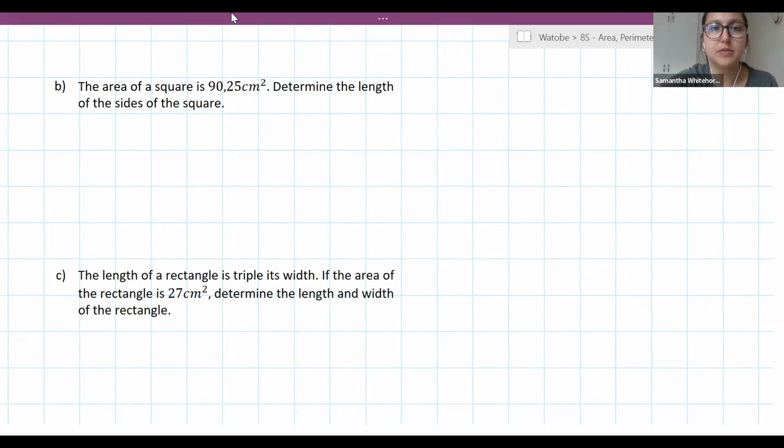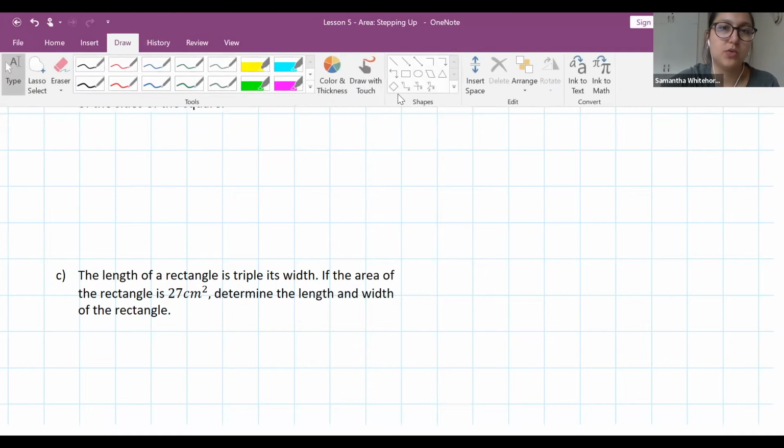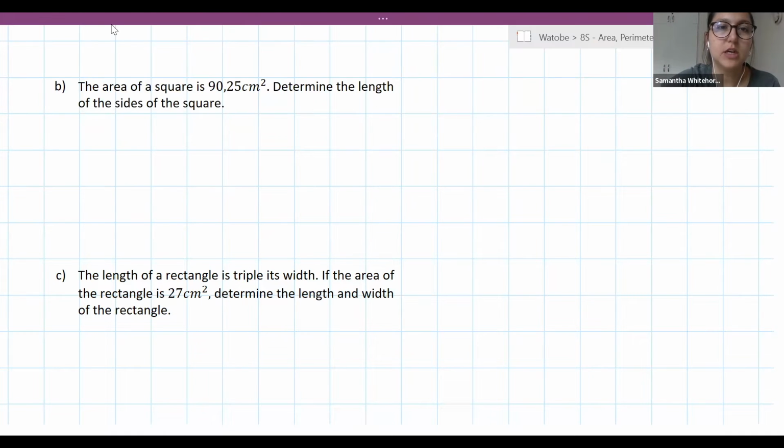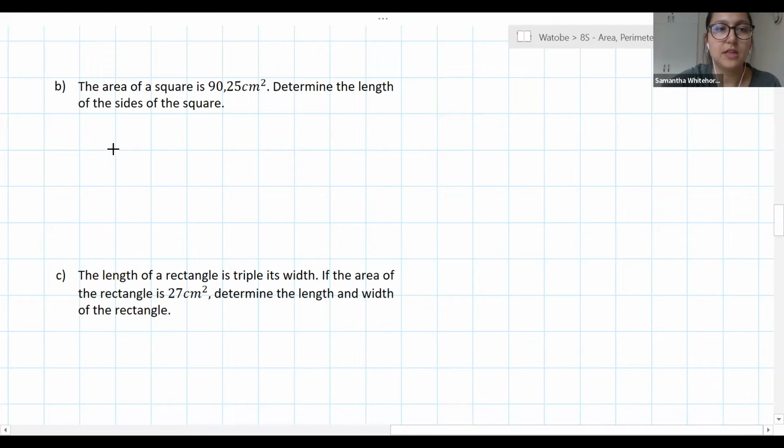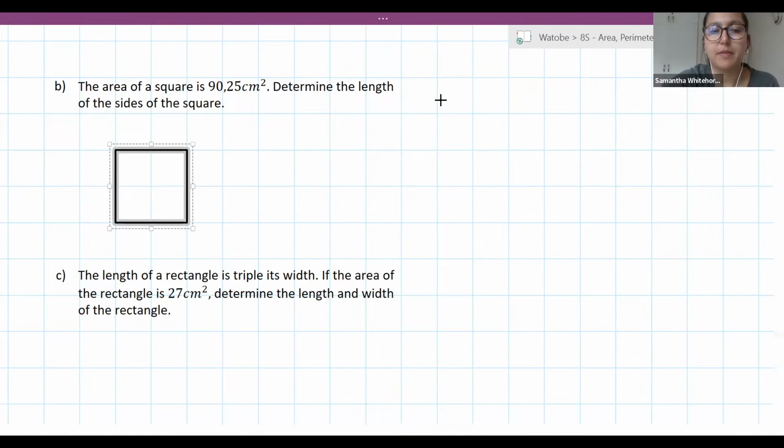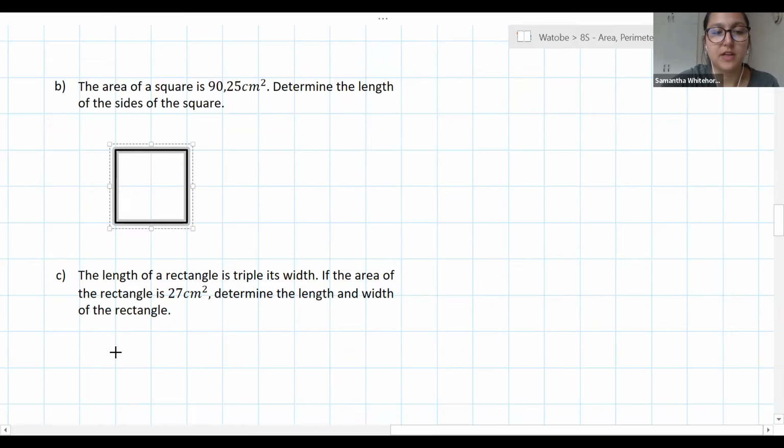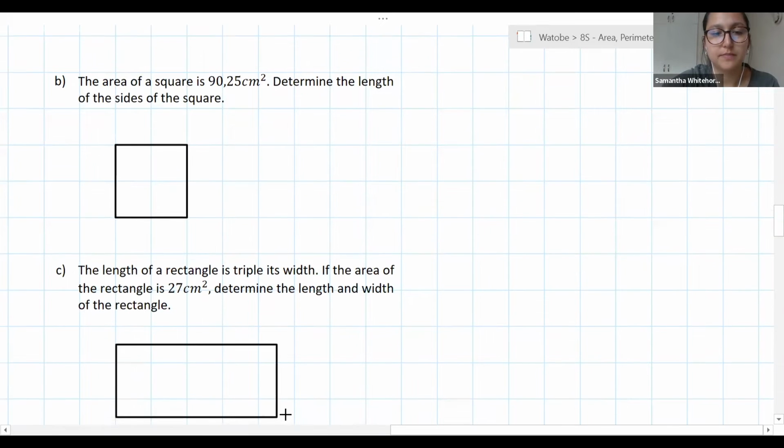And remember, guys, sometimes it's useful to just draw the shape that you're working with. So if you're struggling a little bit, try and draw it for yourself, and then you can start to put information in and see if by visually looking at what you've been given, that's helpful to you in any way.